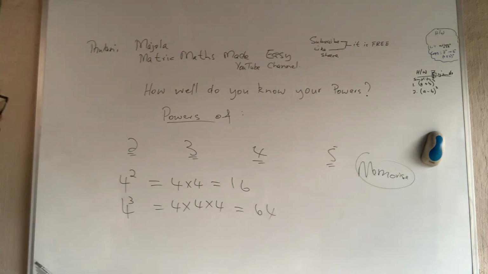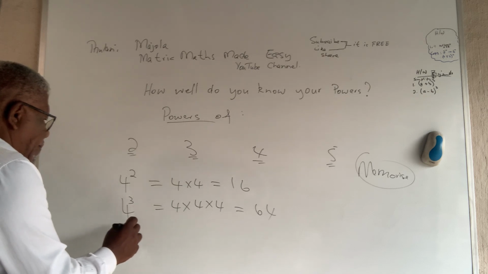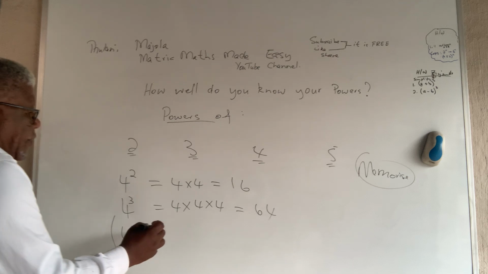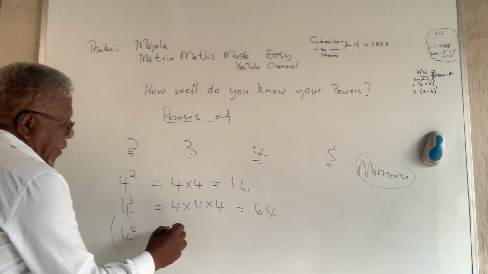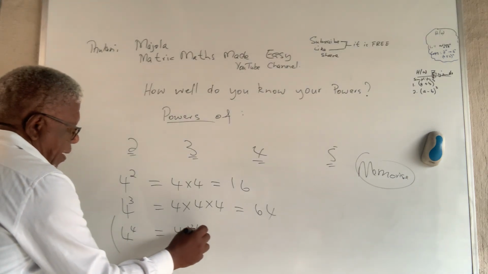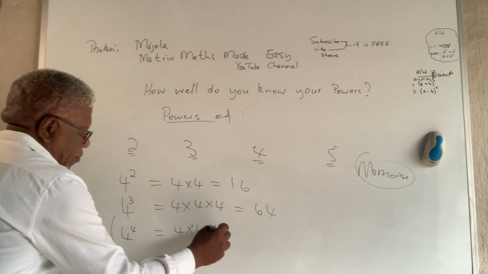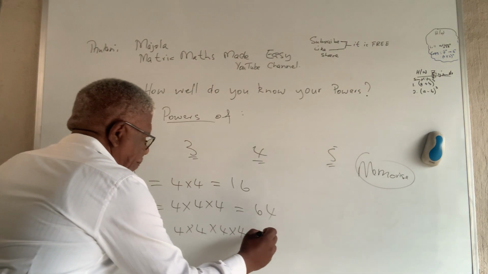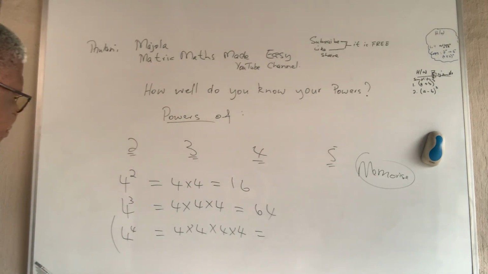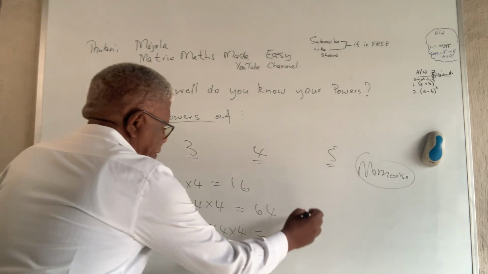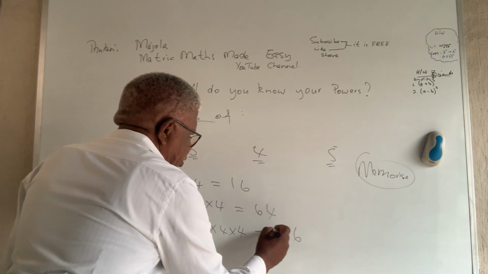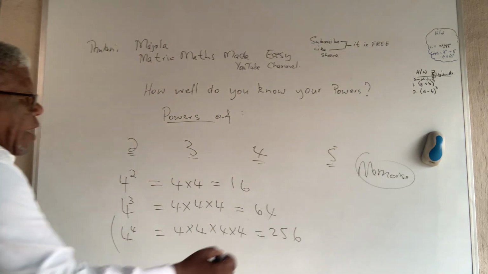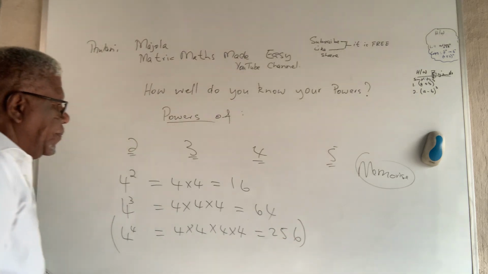For 4 to the 4th power, similarly, I don't really need you to remember it, but the other ones you must remember. This is 64 times 4, which is 256. You don't have to remember this one.